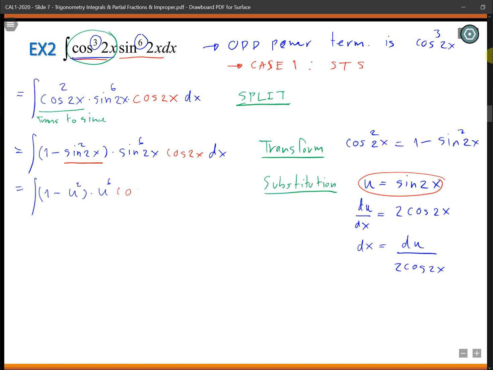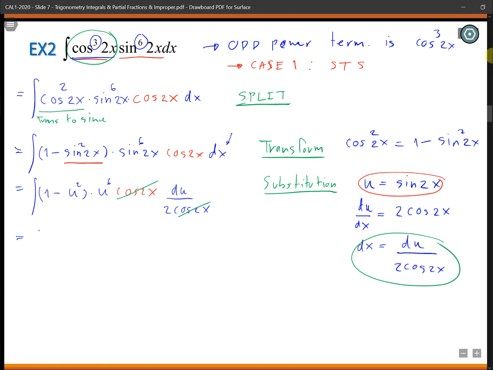Cosine of 2x still there, waiting to get cancelled. Now we have this dx last term, and we know that dx equal to du divided by 2 cosine 2x. So put things in, du divided by 2 cosine 2x. And as we expected, this cancels with that.